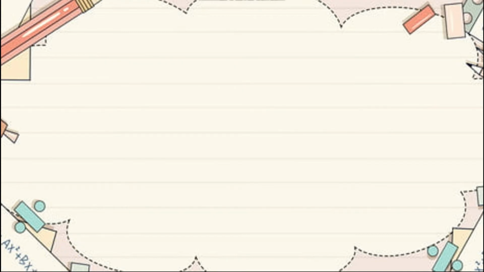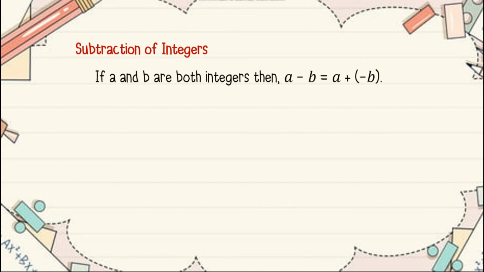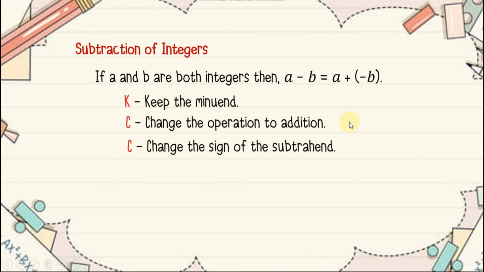Okay, let's have the second operation, which is subtraction of integers. In subtraction of integers, we are following the rules in adding integers. So if A and B are both integers, then A minus B, A represents the minuend, and B represents your subtrahend. So it will become A plus negative B. In subtraction of integers, I have this method which is KCC.